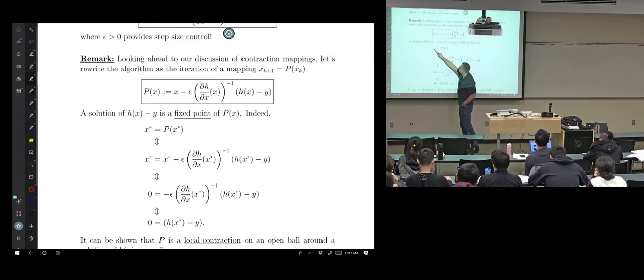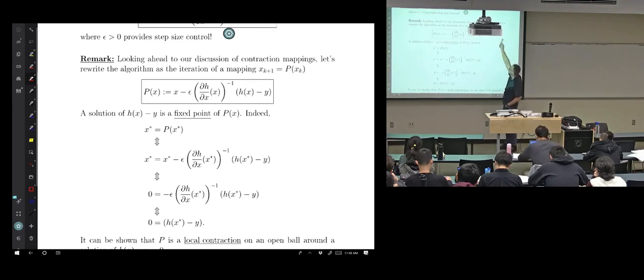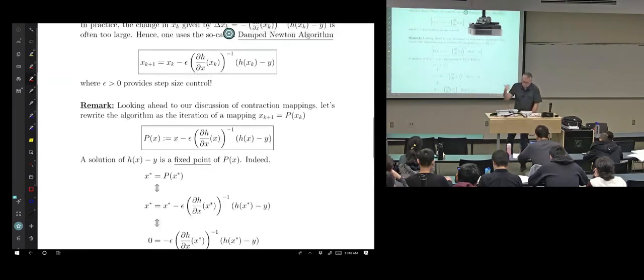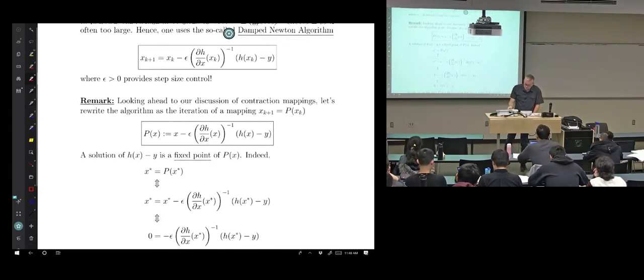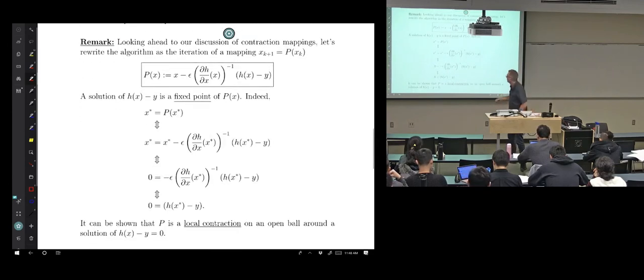And a fixed point means it's an equilibrium point of the dynamical system associated to the mapping. xk plus 1 equals p of xk, that looks like an open loop dynamical system, okay, in discrete time. And this is just an equilibrium point of it, okay? But that's called a fixed point of the mapping.